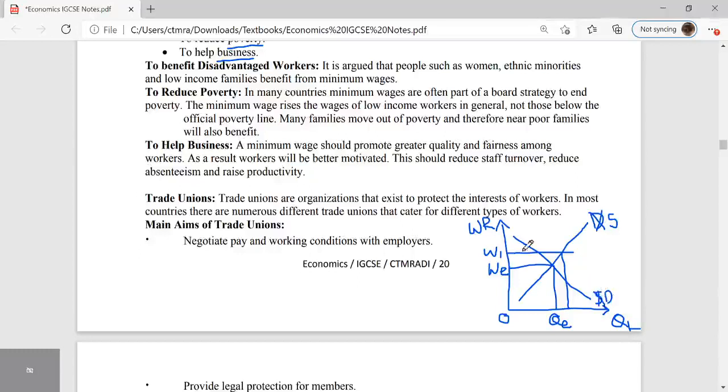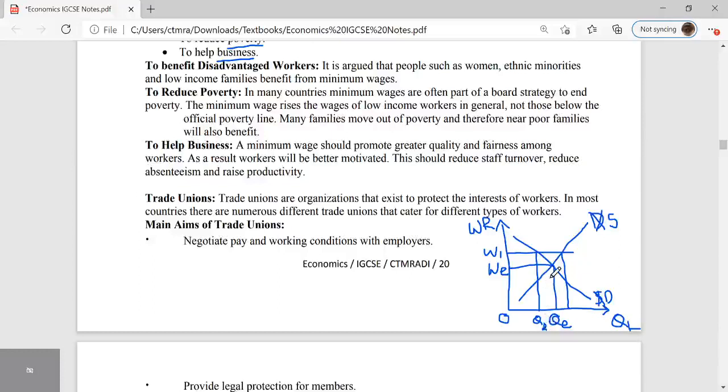So see what's happening: the supply of labor is increasing and demand for labor is decreasing. This rise in wage rate will reduce the demand. This is a very important thing, because why is the demand falling?